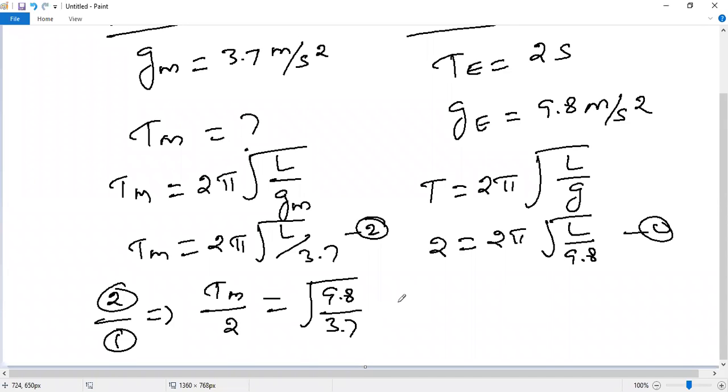Do the simplification, you will get the value of Tm. Do it fast. Tell me the answer through the chat box.